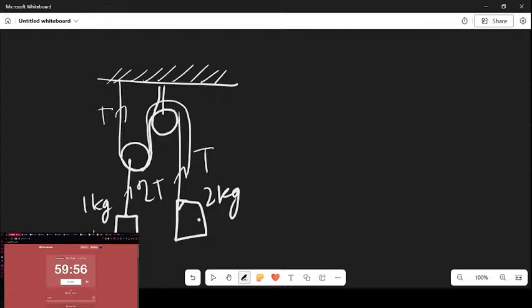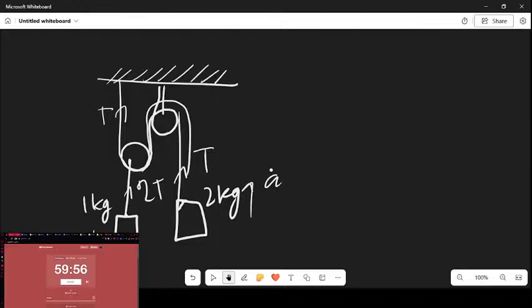2, this will move with acceleration a. Tension minus 2g is equal to 2a, and g minus 2T is equal to a by 2.